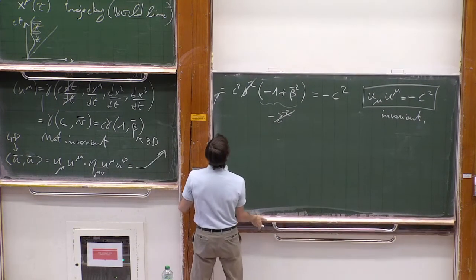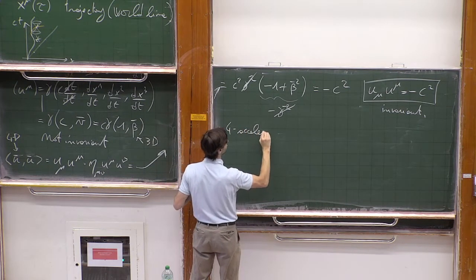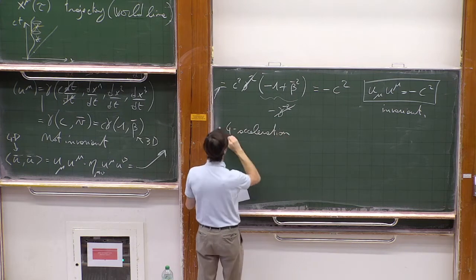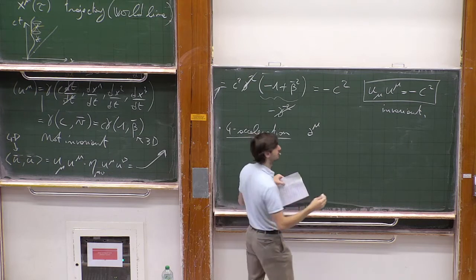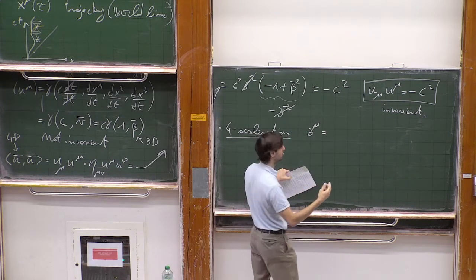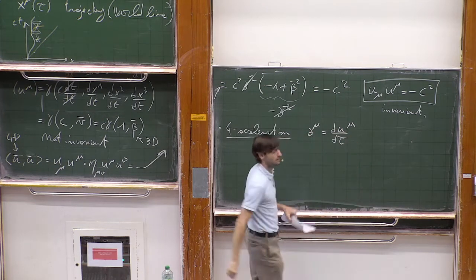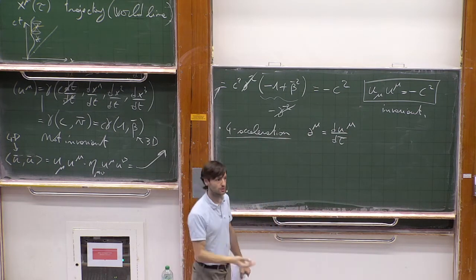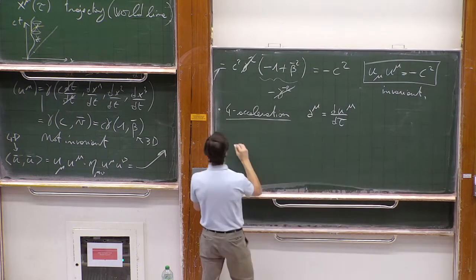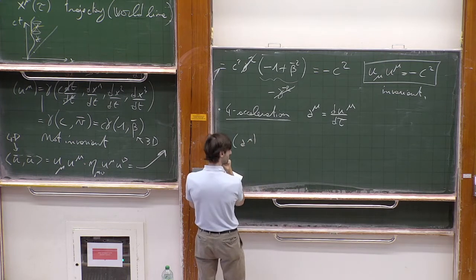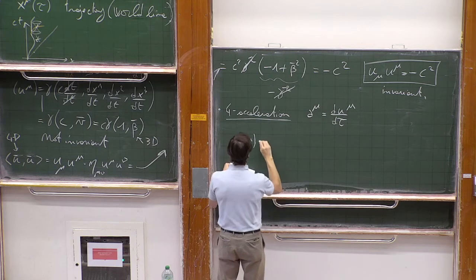Then, similarly, we can define the four-acceleration. And guess what it is? Well, let's call it A as acceleration. A mu, it's a four-vector. The d u mu over d tau is the derivative of the four-velocity. And the components A mu are equal to what?